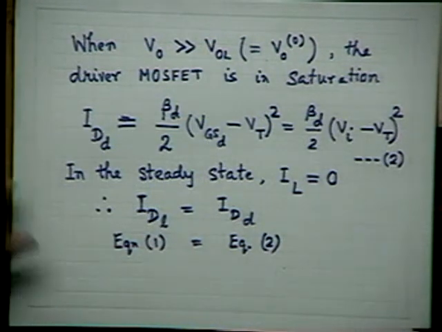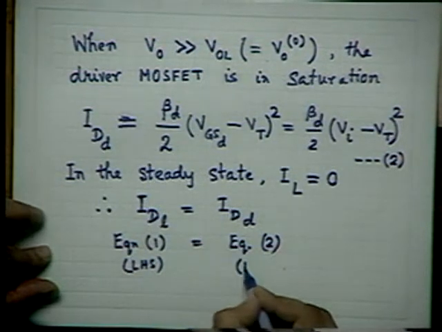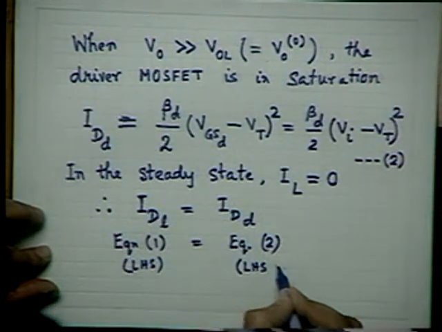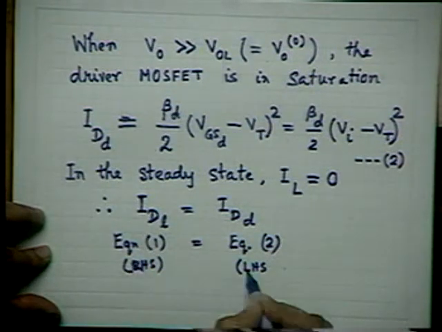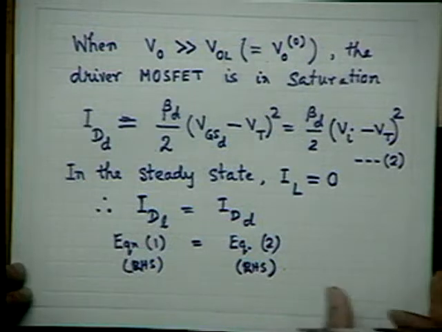The right hand side of equation 1 can be equated to the right hand side of equation 2, which ultimately gives you a simple relationship between the output voltage and input voltage, something like this. You can easily find out yourself.